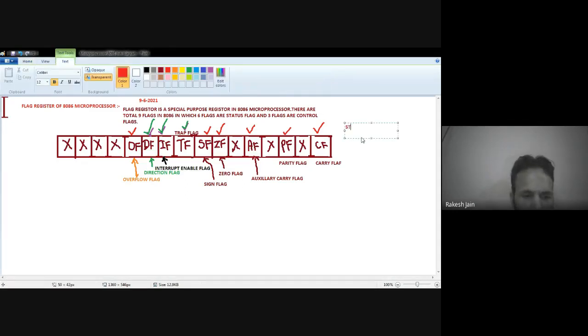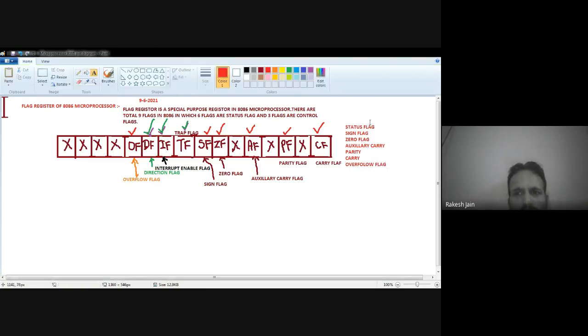So I just write down the status flags: sign flag, zero flag, auxiliary carry flag, parity flag, carry flag, and the last one is the overflow flag. So these 6 are the status flags.